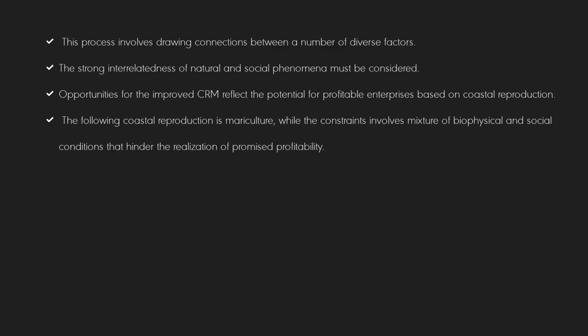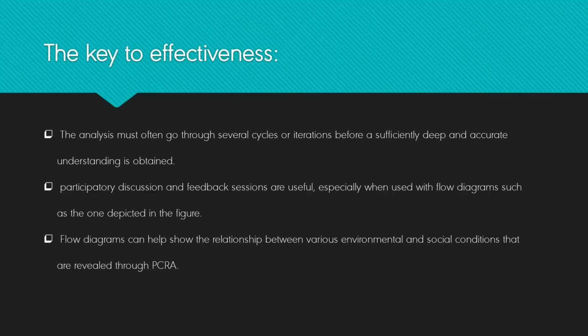The following coastal resource is mariculture, while the constraints involve a mixture of biophysical and social conditions that hinder the realization of promised profitability. The analysis must often go through several cycles or iterations before a sufficiently deep and accurate understanding is obtained.